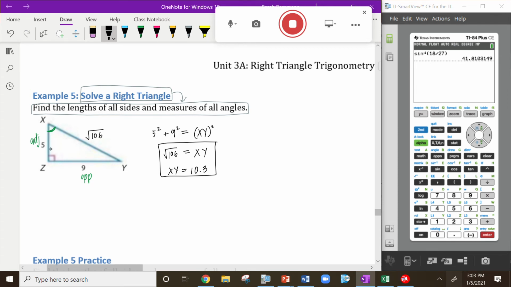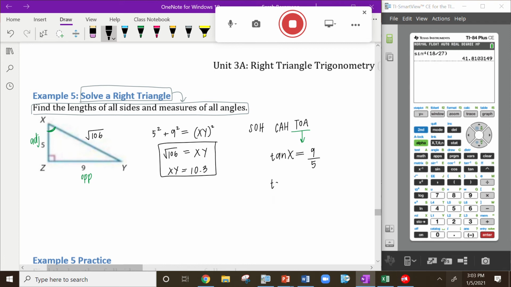So let's use a trig function that uses adjacent and opposite. Let's think, SOHCAHTOA. Which one uses adjacent and opposite? Tangent. So I'll write out tangent of x, the ratio, first. I know tangent of x is going to be the opposite over the adjacent.